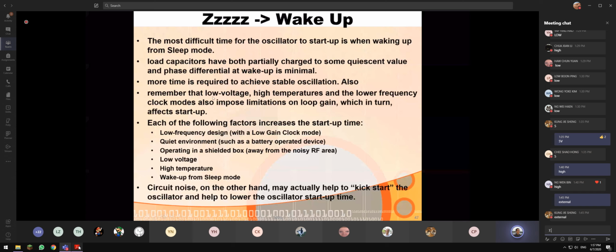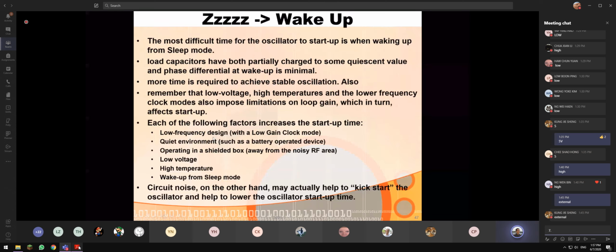Also remember that low voltage, high temperature, and lower frequency clock modes also impose limitations on the loop gain, which in turn affects the startup. So slow startup is not only affected by the oscillator, the 1024 pulses just now. It can also be caused by this, for example, a low frequency design.